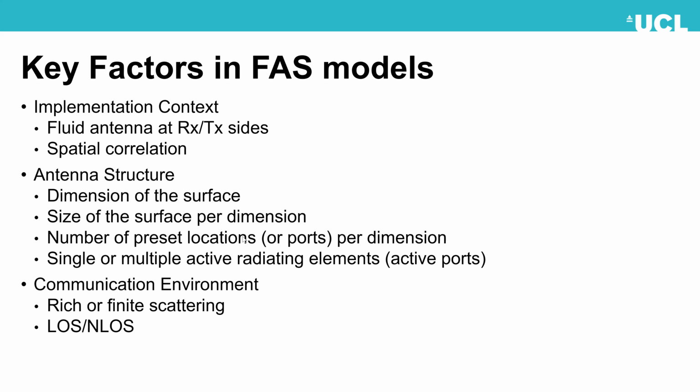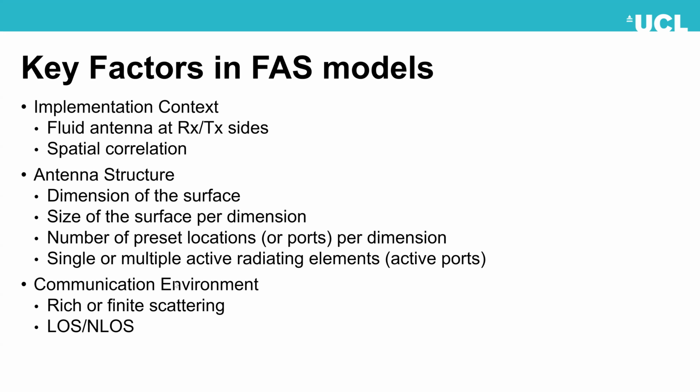How many preset locations or ports are there in each dimension? And fluid antenna may have single or multiple active radiating elements, which are also referred to as active ports. So the latter may actually also necessitate other considerations such as mutual coupling effects.